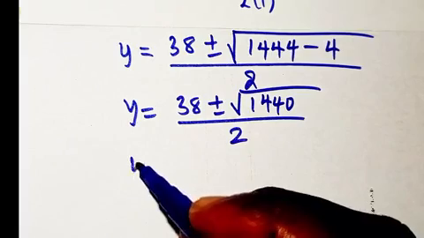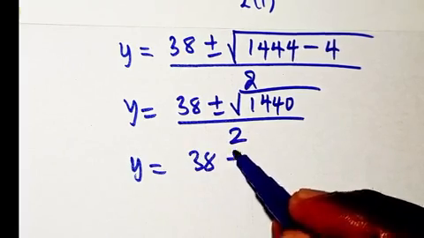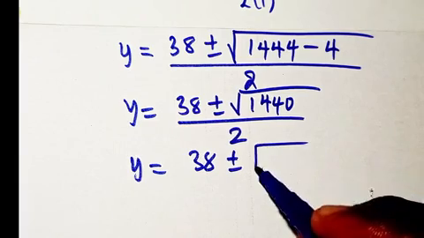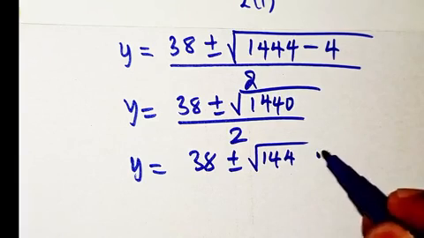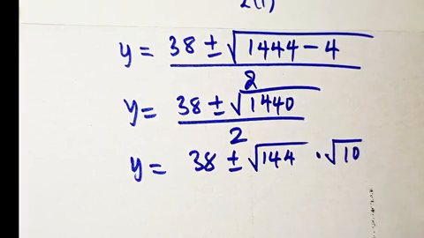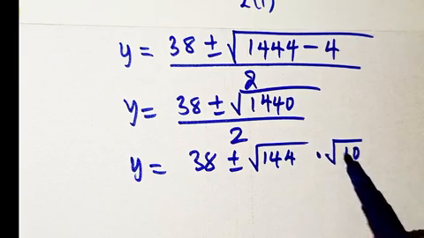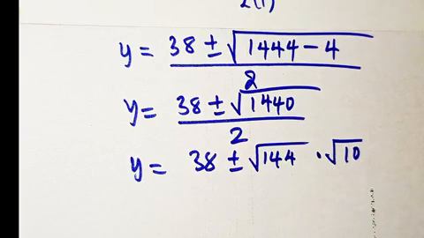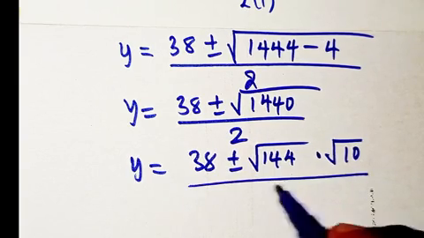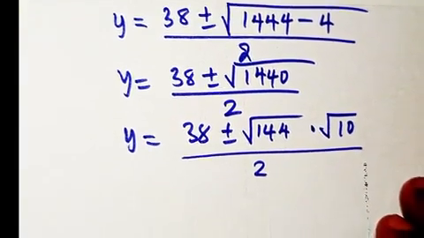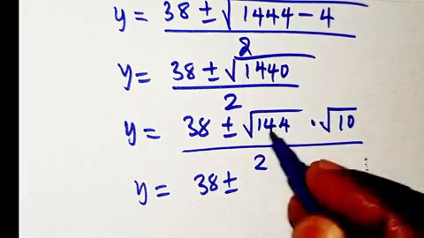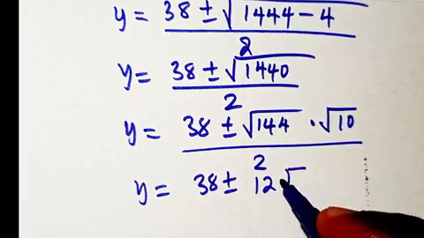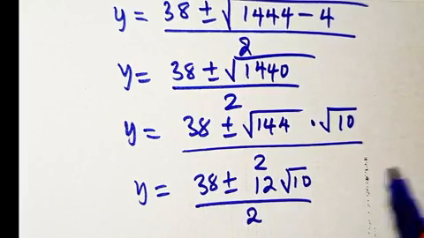So we know that we can have this as 144 multiplied by root 10. So when you multiply this and this together, we're going to have 1440, and we know that root 144 is 12. We're going to have y equals 38 plus or minus 12 root 10 divided by 2.